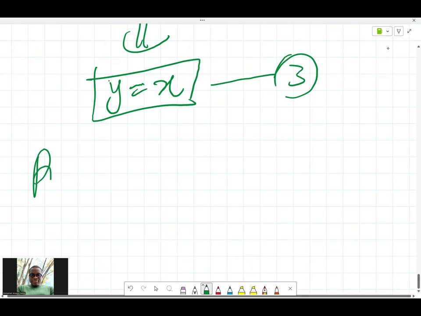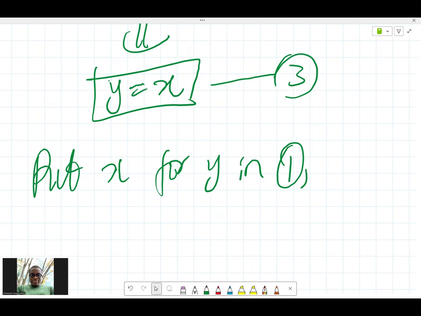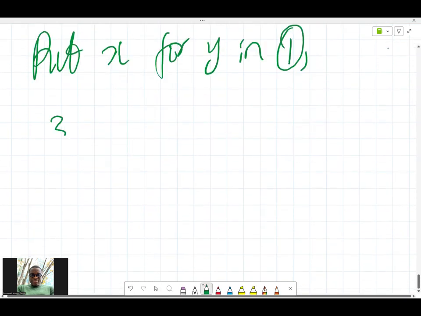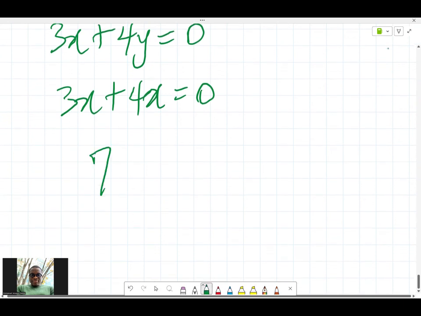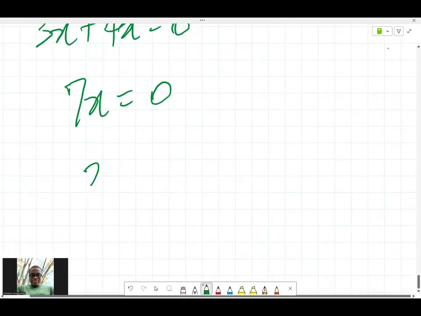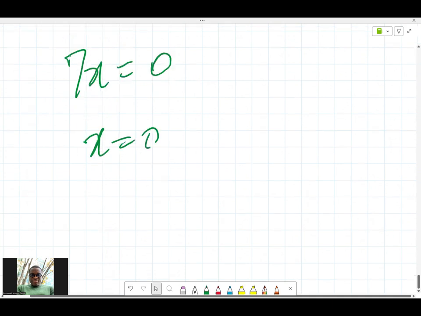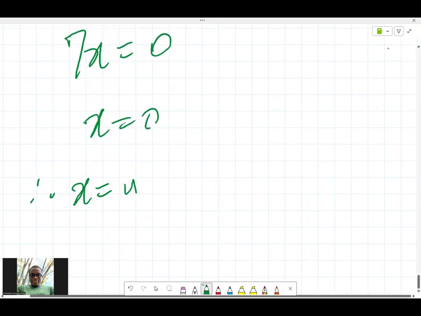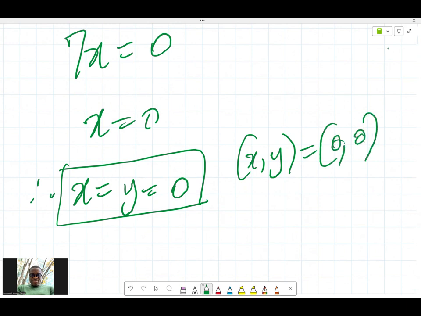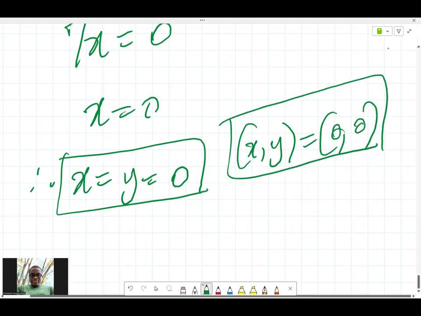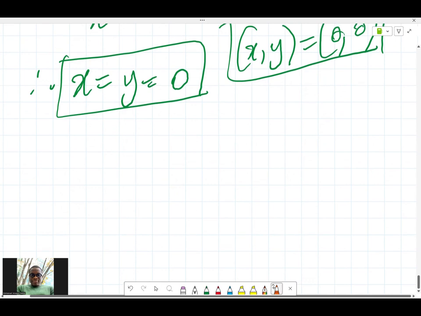Put x for y in equation 1, which is 3x plus 4y equals 0. That means we have 3x plus 4x equals 0, and that is 7x equals 0. That simply means that x is equal to 0, and since y equals x, y is 0 too. So another way of representing that is to say (x, y) equals (0, 0). This is the result for the equilibrium points.